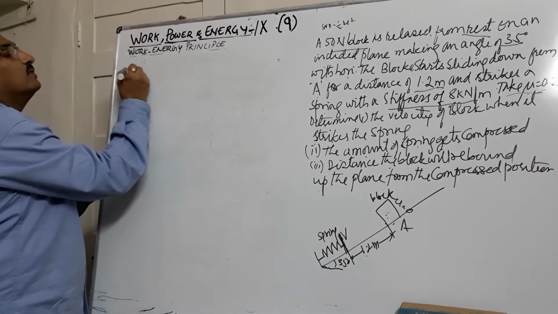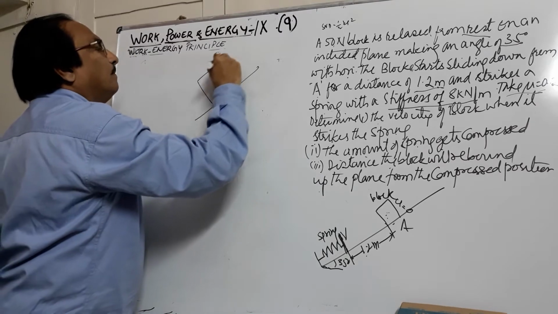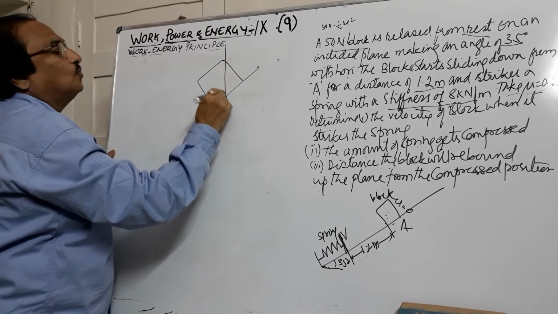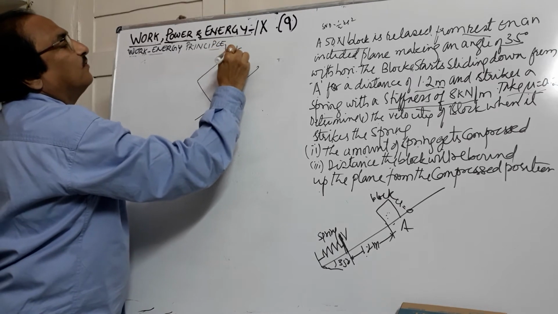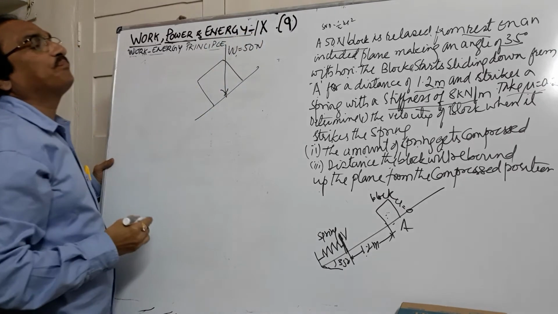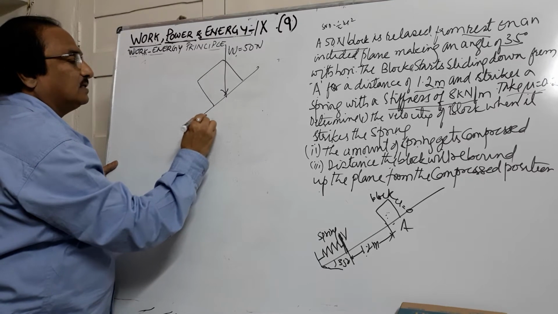So here first we will go for the block. It has got its own weight, W is equal to 50 Newton. This is sloping at an angle of 35 degrees.